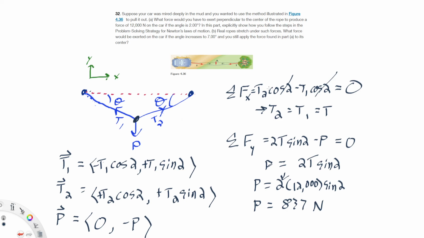Okay, so part B in this question actually asks about the part of chapter 5 we haven't covered yet. That's right, Yusuf. The tree is stationary, but it has to exert force to remain stationary because the rope is pulling on it.